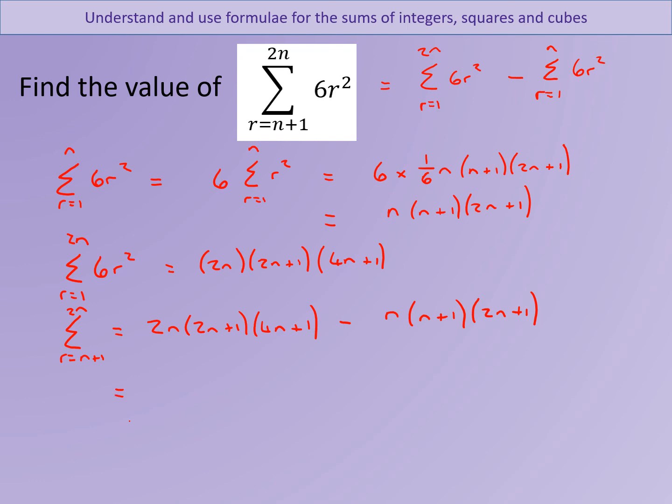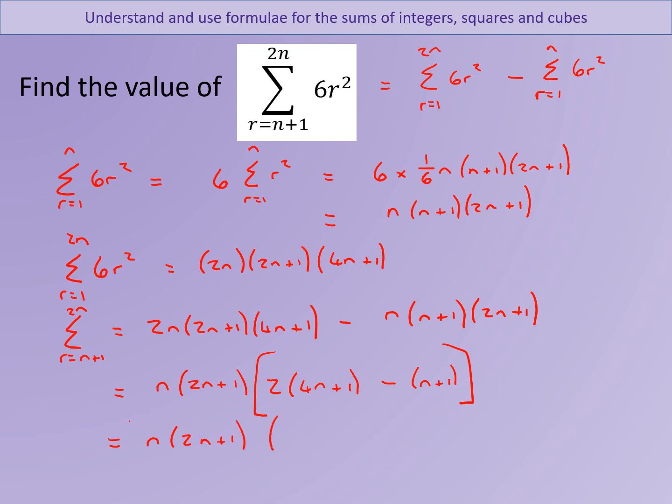I can see that there's a common factor of n in both terms. There's also a common factor of 2n plus 1. So I'm going to pull that bracket out as well. That leaves us with 2 and 4n plus 1 from the first expression, minus an n plus 1 from the second expression.